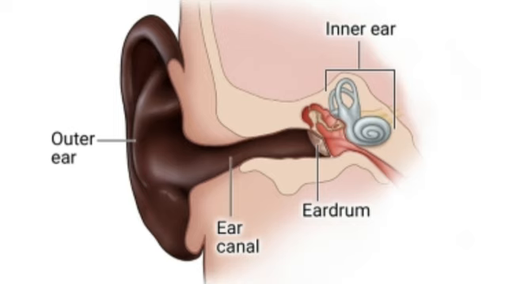Coming to anotia, it is absence of the pinna and lobule, and usually it is a part of first arch syndrome, a developmental abnormality from the embryological stage itself. Then we have microtia. Microtia is a small pinna.